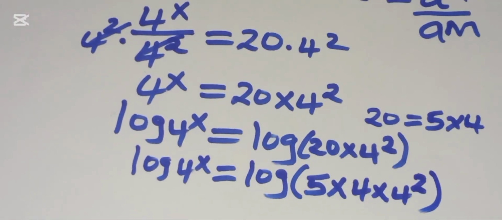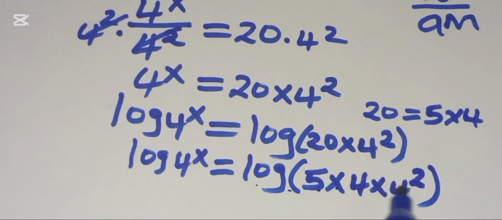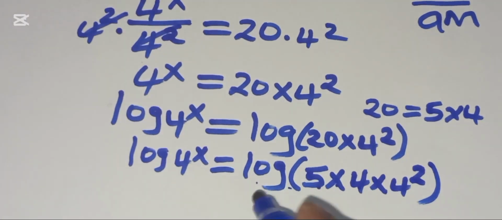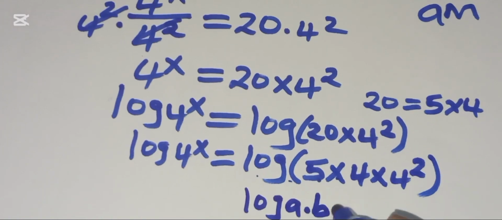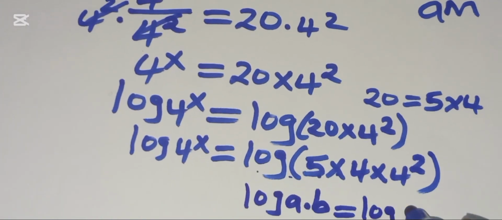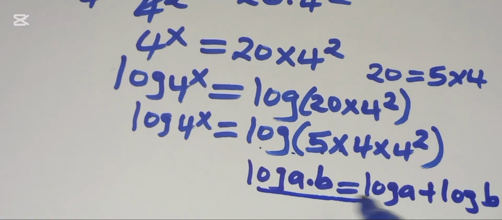So from here, we have log 5 times 4 squared. This is in the form of log a multiplied by b, which can be expressed as log a plus log b. Okay, so let's apply this property.